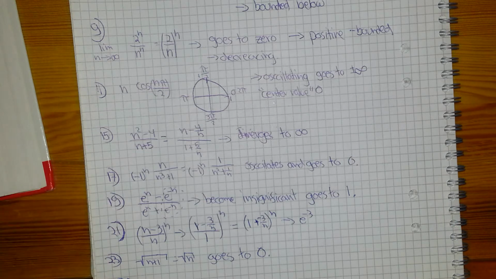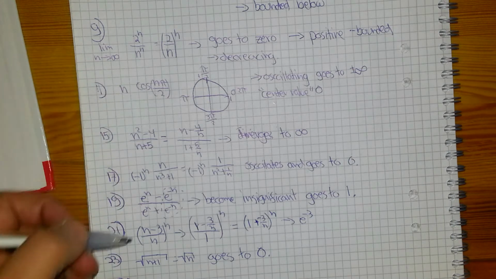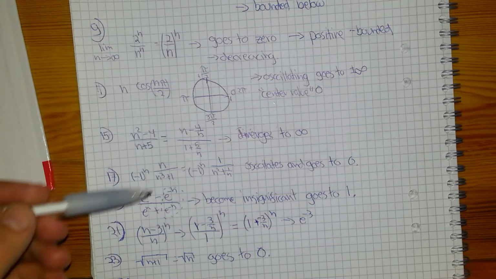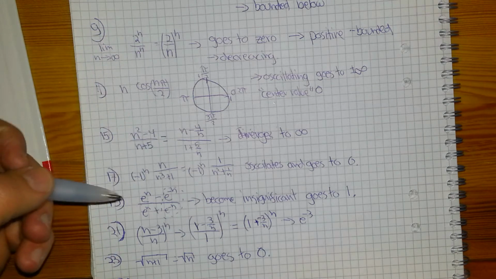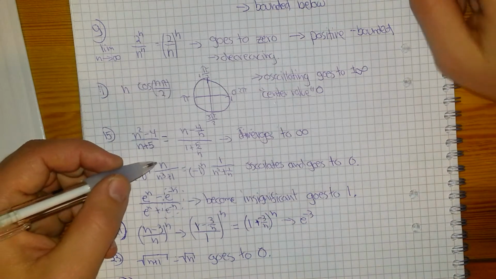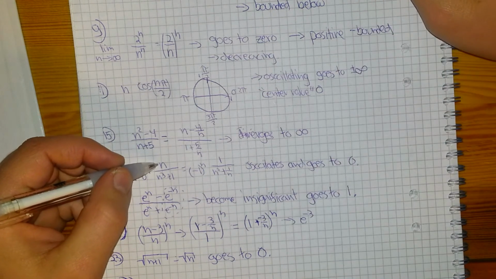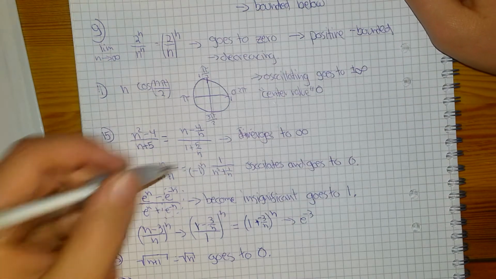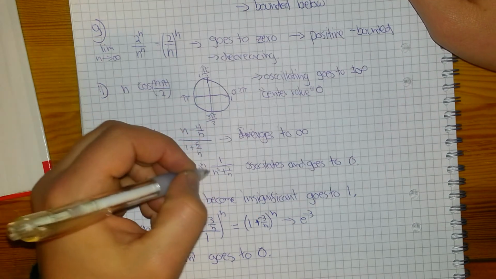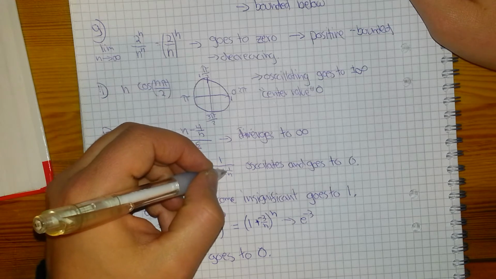So number 17, if you look at this one, we do the same thing as up here. You just divide by n in the numerator and the denominator. So what you're going to be getting is 1 over n squared plus 1 over n.